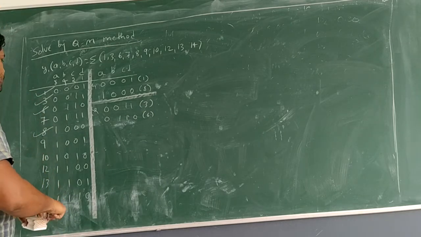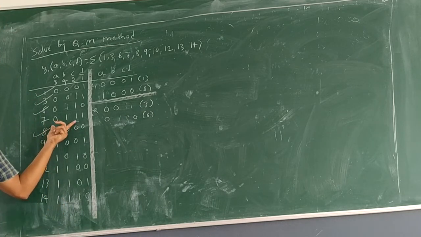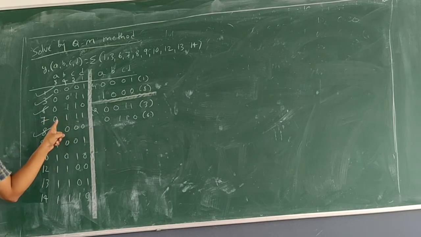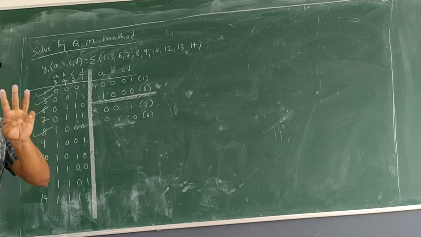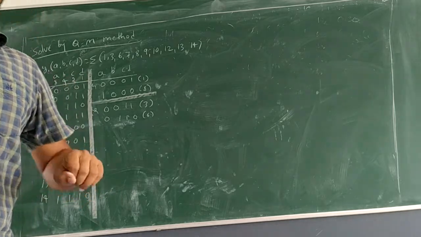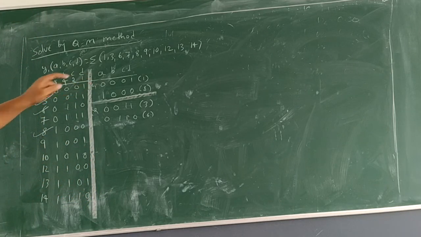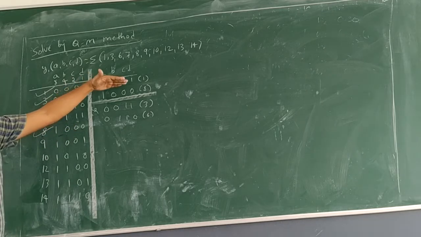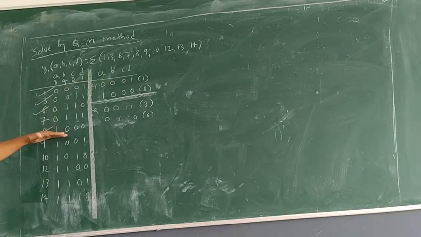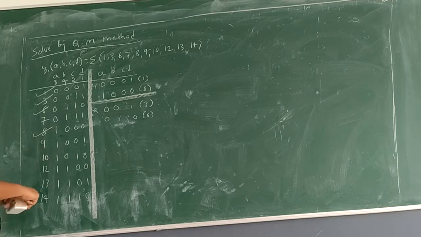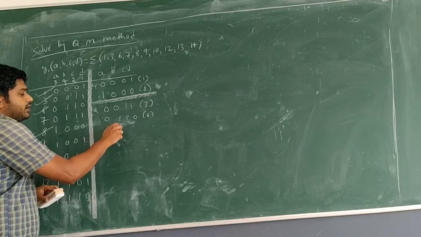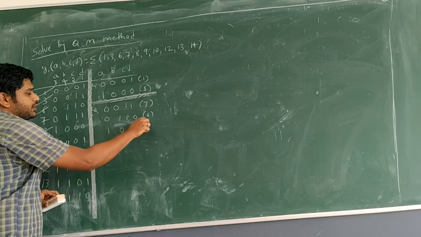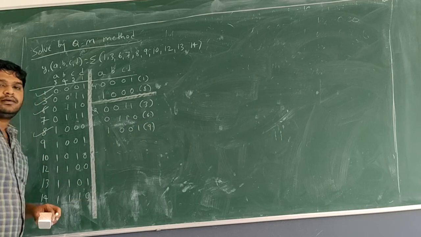Next, should we include 7 in the set of L2? No, because it has three 1s. So don't include 7 in the L2 set. 8 is already written in the L1 set, so don't consider it. 9, yes. What is 9? 1001.